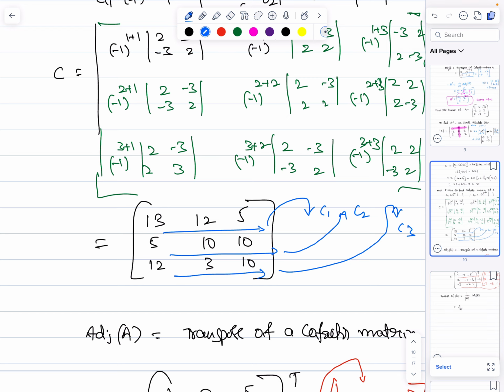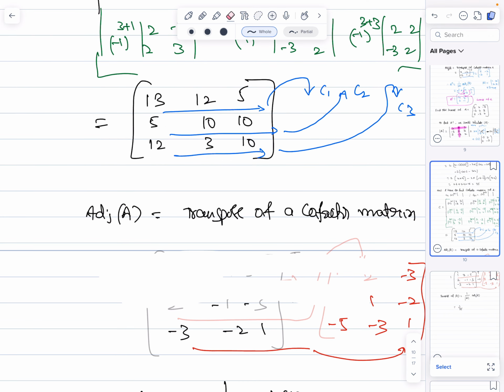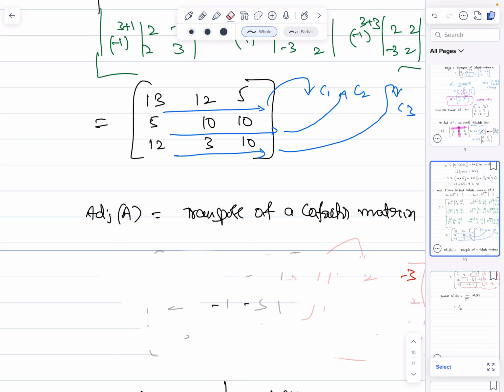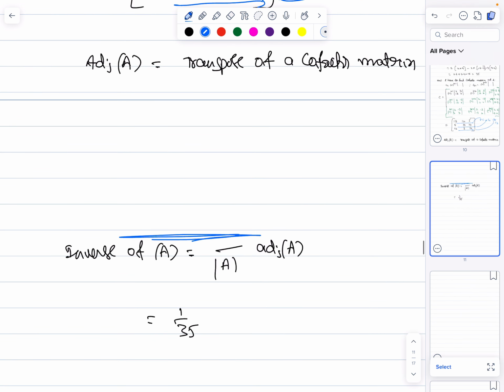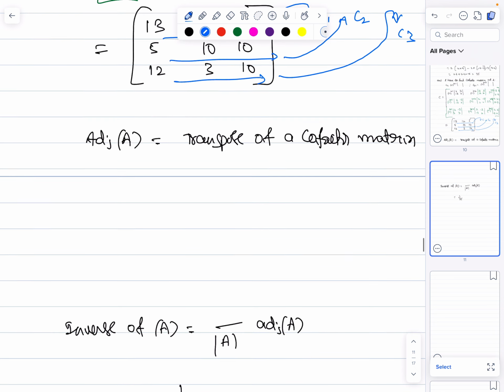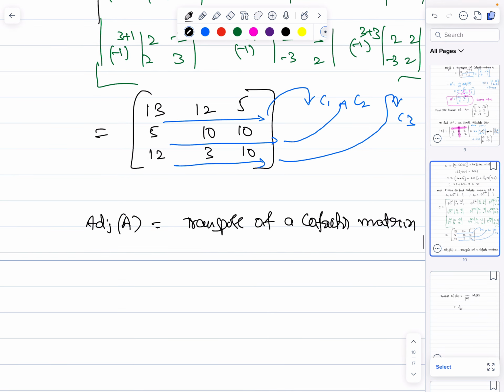By doing that we will be getting adjoint of a matrix as.